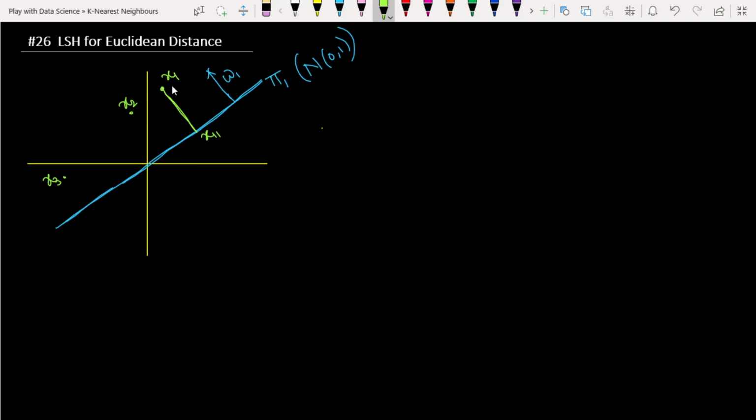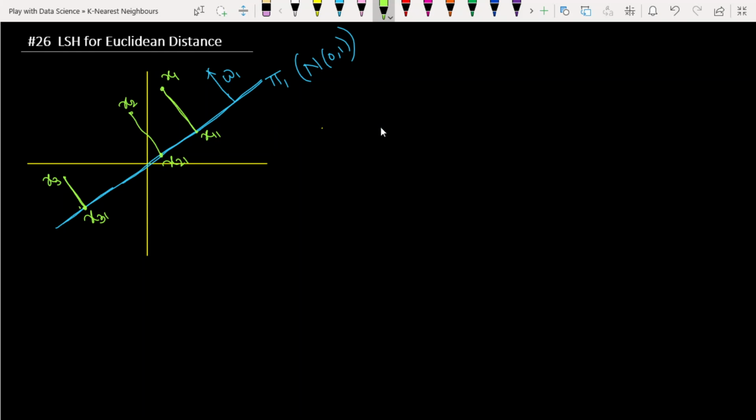The projection of x2 onto the pi1 plane is x21, and the projection of the third point is x31.